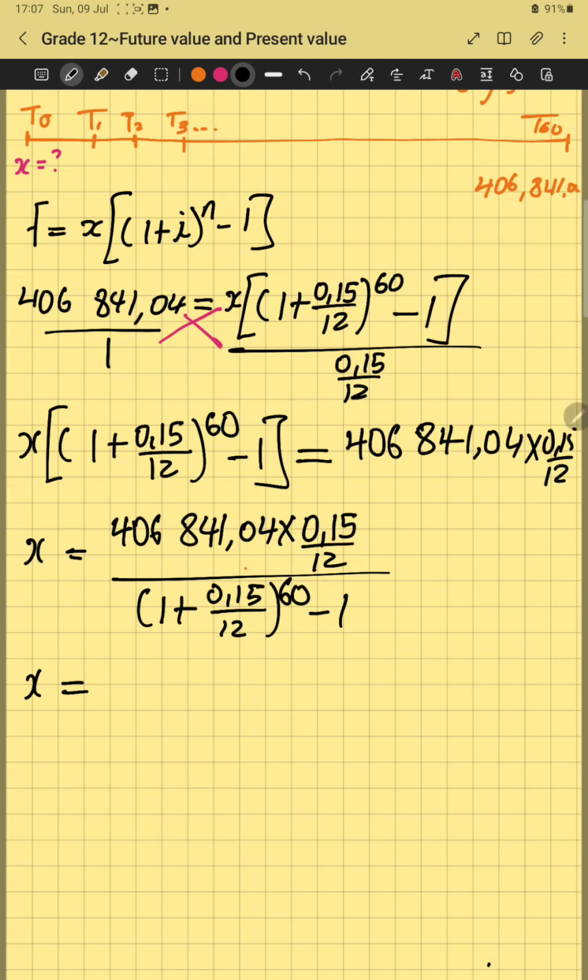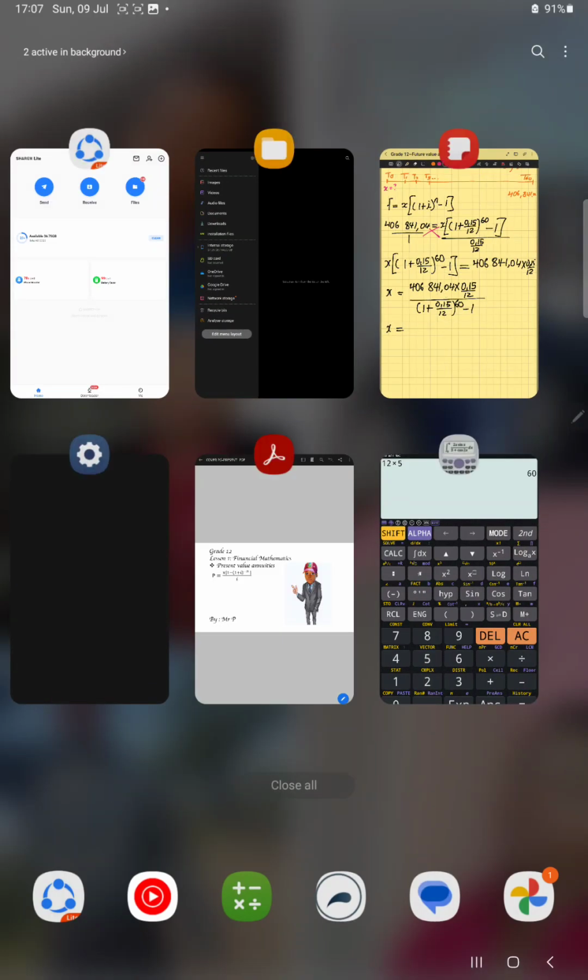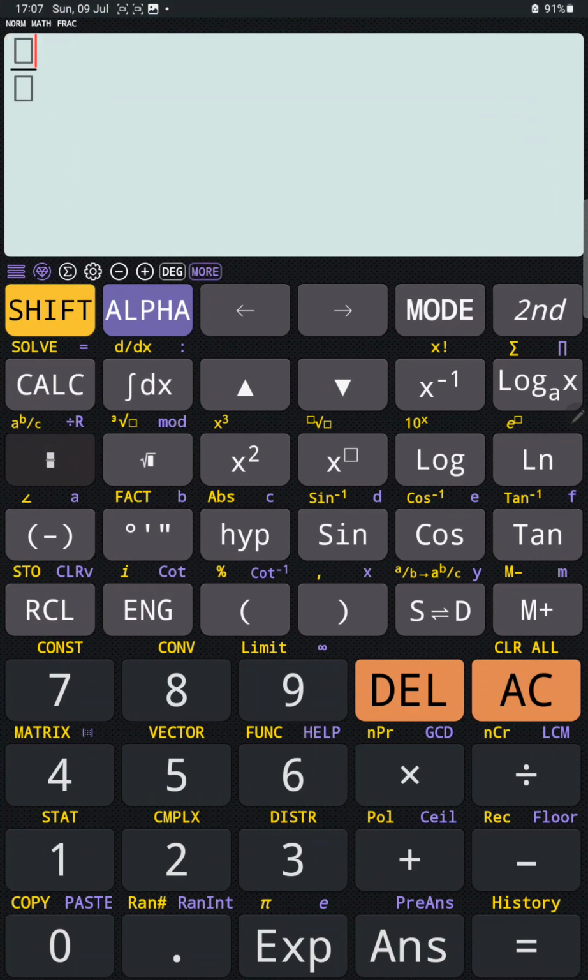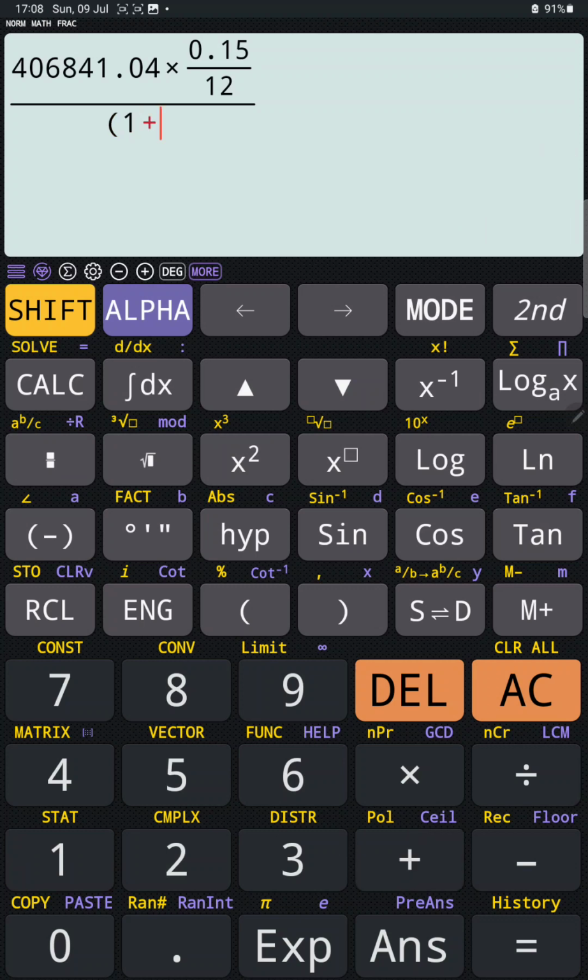Now we can just work this value out on our calculator. In the calculator we're going to have 406,841.04 times, remember the percentage, 0.15 divided by 12, and then below there we've got 1 plus 0.15 over 12, and then we continue there.